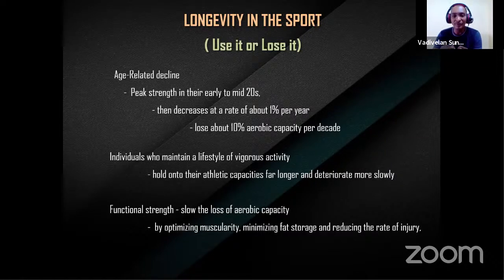Every year you may lose 1%, but this may slow down the loss of aerobic capacity. And how? By optimizing muscularity, minimizing fat storage in your body, and reducing the rate of injury. In these three ways, functional strength training is going to help your deterioration be slower than, as I said, 1% per year.